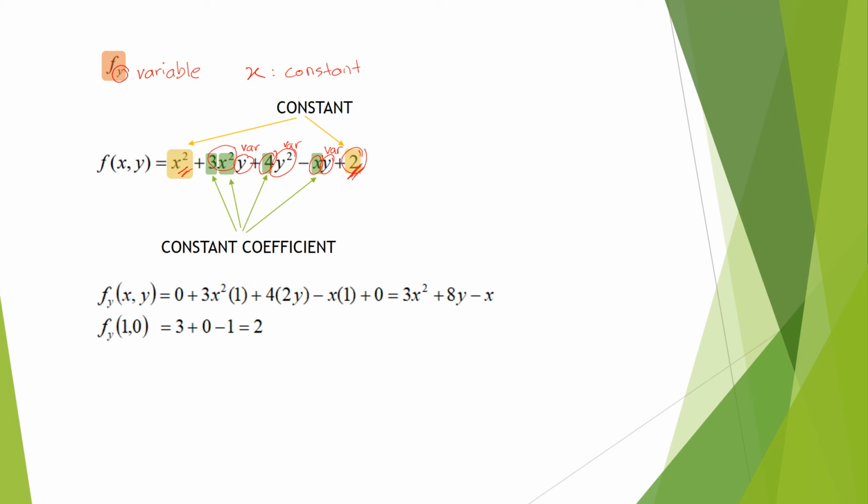When we differentiate our constant, it becomes 0. This one also is a constant, differentiate becomes 0. Our variable here, when we differentiate y with respect to y, it becomes 1.